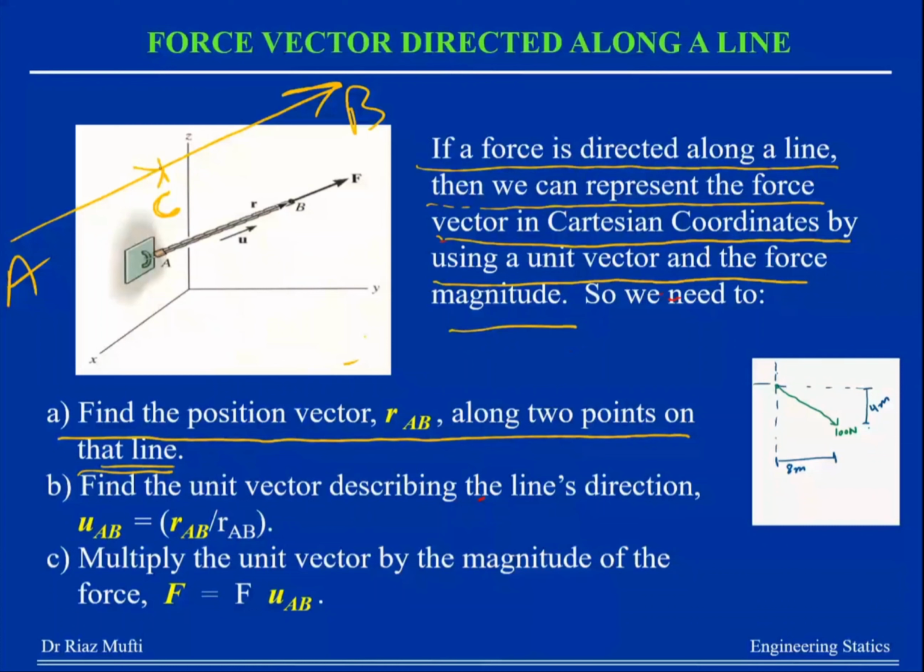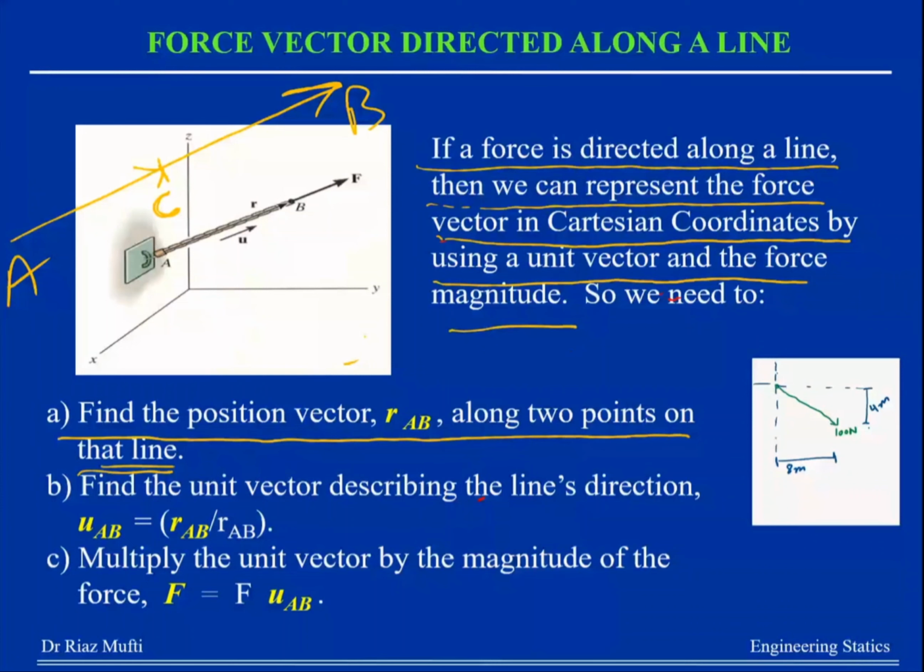Unit vector is the same. Position vector is not the same. Position vector, remember, is the distance, the position of that vector, the starting point and the end point. So don't get confused between unit vector and position vector. The position vectors AB and AC are different, but they both have the same unit vector.